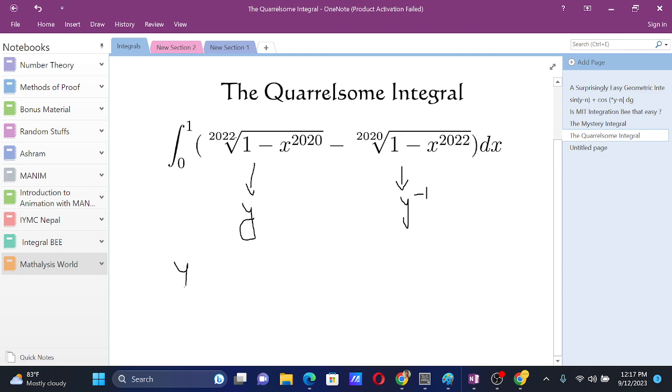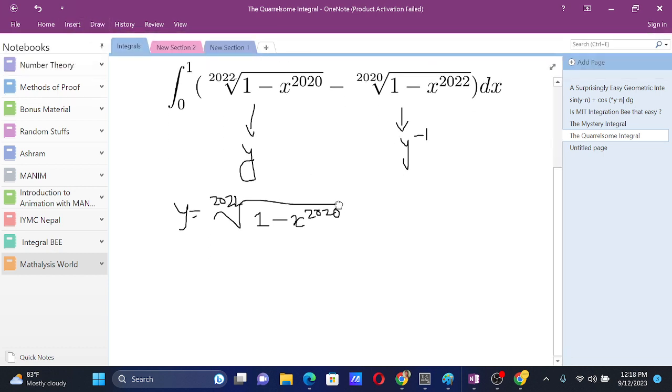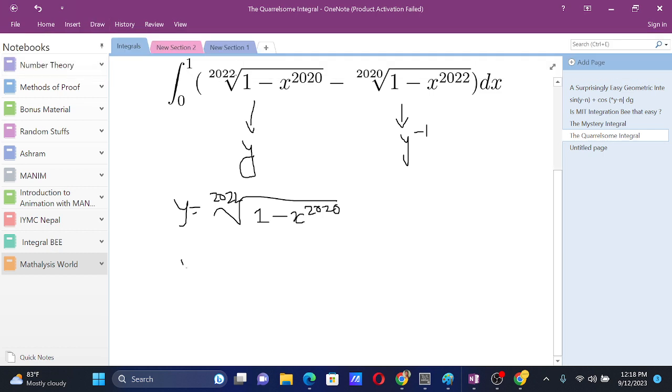Let's suppose y equals the 2022th root of 1 minus x to the power 2020, and then we get y to the power 2022 equals 1 minus x to the power 2020, and x to the power 2020 equals 1 minus y to the power 2022.